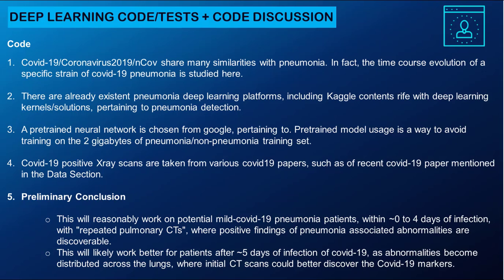This will likely work better for patients after approximately 5 days of infection of COVID-19, as abnormalities become distributed across the lungs, where initial CT scans could better discover the COVID-19 markers.